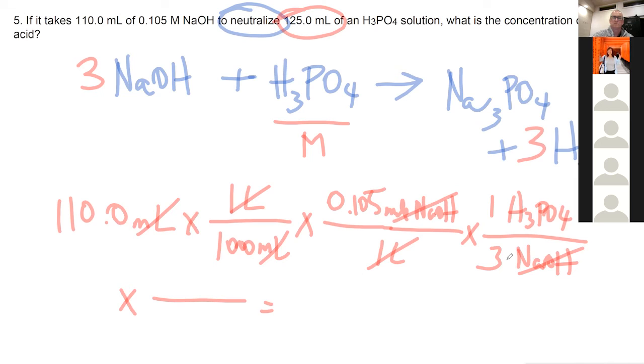We need to use the 125.0 mL. Oh, I see what you mean. Right, so actually I want liters on the bottom, right? Yes. Because I want to have moles over liters. And then 1 over 125 mL.